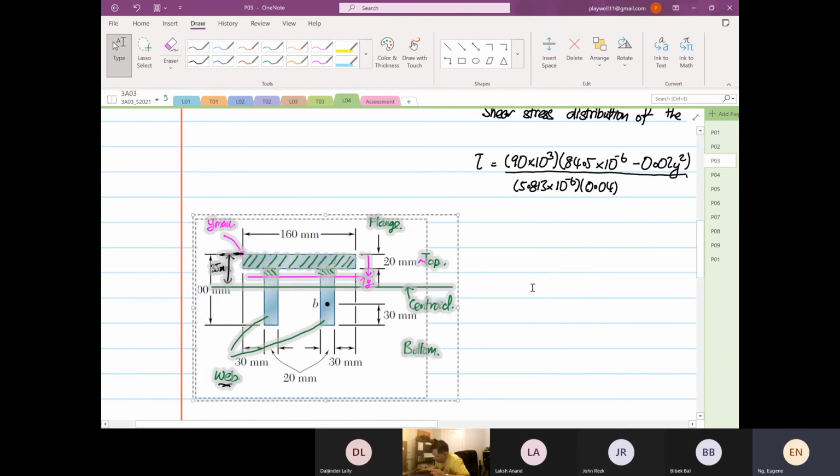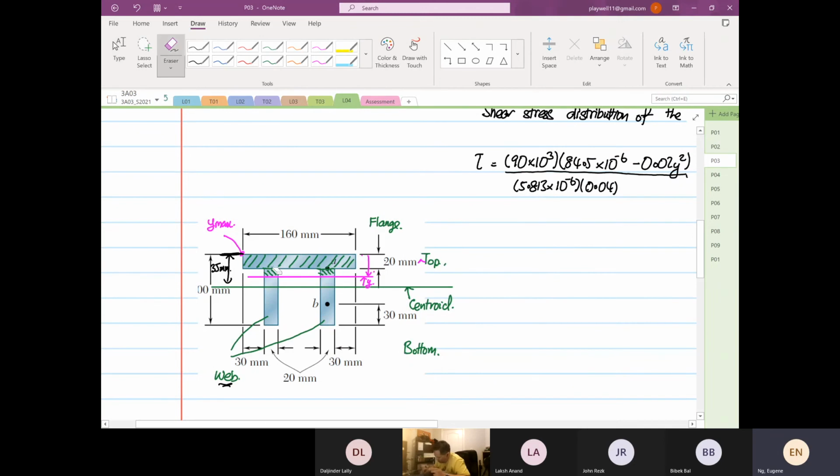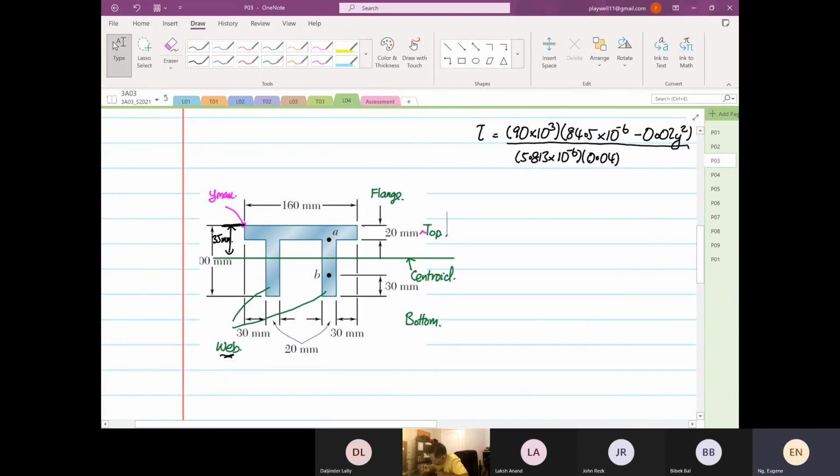Okay, so now we are going to concentrate on the bottom part. We're not going to look at the top. So now our y is this way, right? And then this is our position on the y variable. This is the area of interest.